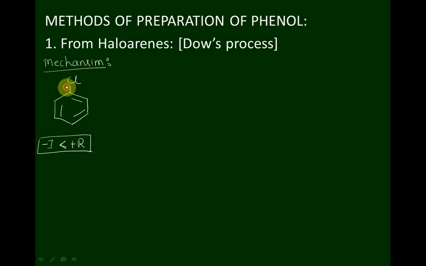Therefore, partial double bond character is observed between the carbon and chlorine atom of the benzene ring. Therefore, it is considered a strong bond, and I cannot replace the chlorine directly using another nucleophile. So what we will do, first it is treated with sodium hydroxide solution.